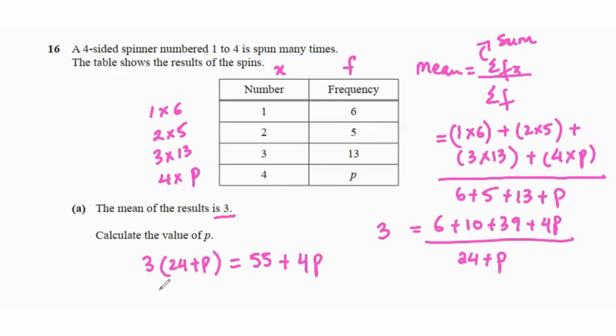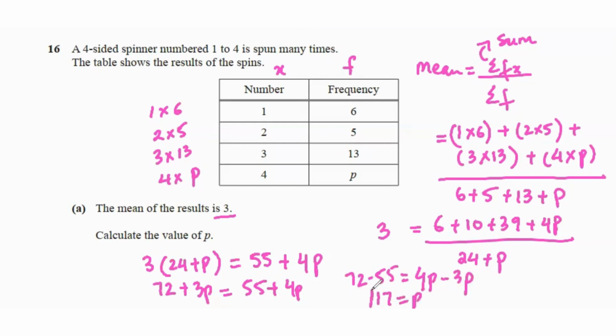So 3 times 24 is 72 plus 3p equals 55 plus 4p. Collect the like terms on each side. So it's going to be 72 minus 55 equals 4p minus 3p. 72 minus 55 is 17. So your p value is 17.